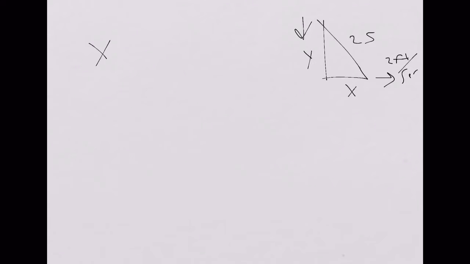So I had suggested x squared plus y squared equals hypotenuse squared. So we have the Pythagorean theorem: x squared plus y squared equals, not radius, sorry, hypotenuse squared, which is 25 squared, 625.